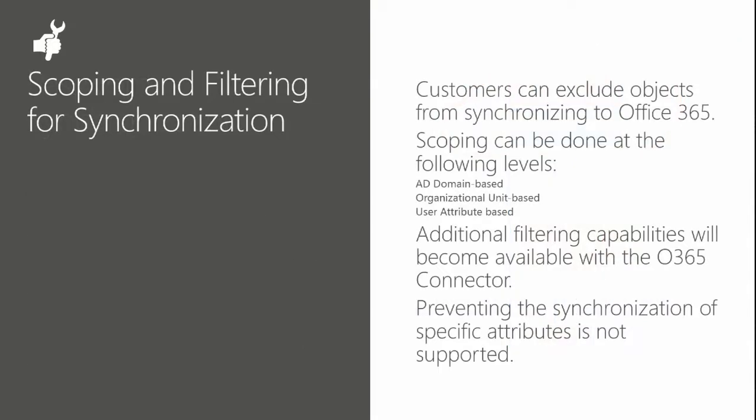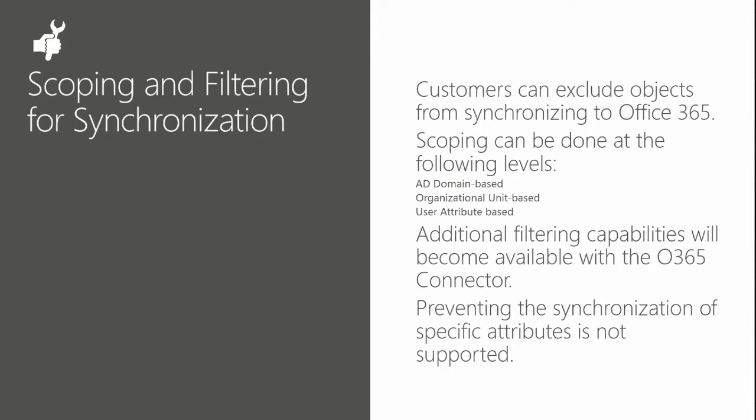Now scoping and filtering for synchronization. There are a few things you can do to filter different objects out, particularly selecting an OU for synchronization purposes, which you can configure with PowerShell connecting to the directory. We don't currently support filtering out different properties from your directory.